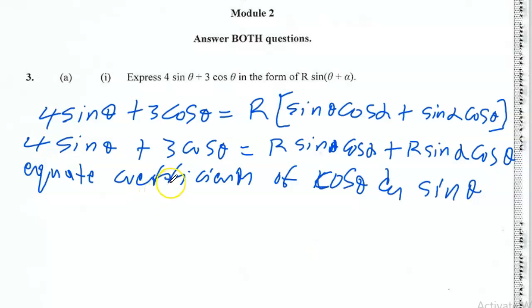Now let's do this. Notice the coefficient for cos theta on the left hand side is 3, and the coefficient for cos theta on the right hand side is r sine alpha. Notice the coefficient for sine theta on the left hand side is 4, and the coefficient for sine theta on the right hand side, notice what's beside the sine theta, r cos alpha.